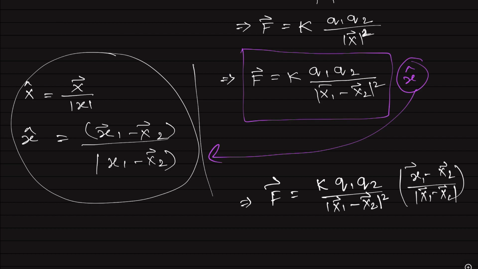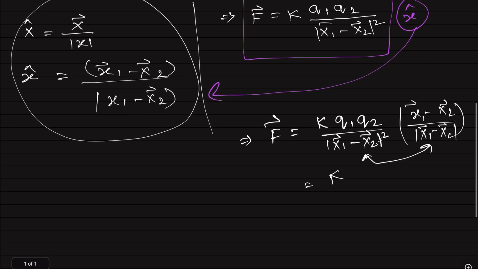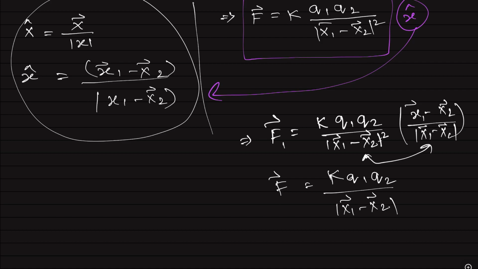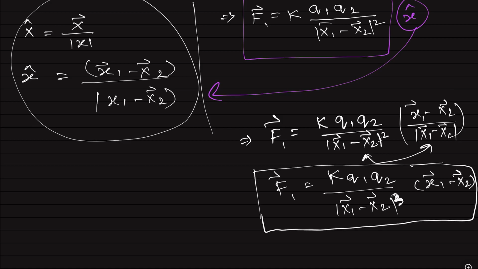Now see, there is a square term, and this is the same term, and it is squared, and there is another, so it will be cube. So I can finally write F1, or F in general, equals k q1 q2 divided by mod x1 minus x2 cube, times the direction x1 minus x2. So this is our final result. This is the final Coulomb force.